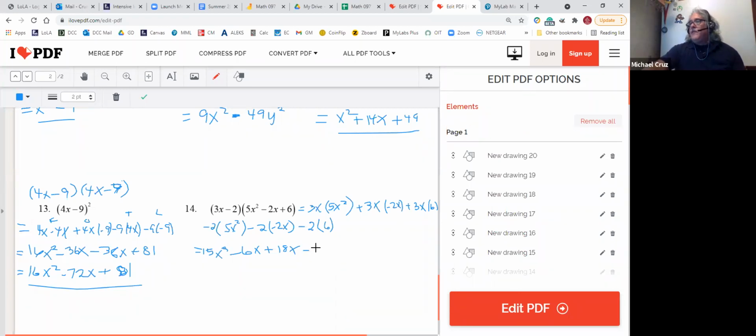And then this is negative 10x squared. -2 times -2 is positive 4x. And -2 times 6 is -12. Are there any things that are alike there? There should be. This was a cube, and that's a squared. But these are alike. That's alike.